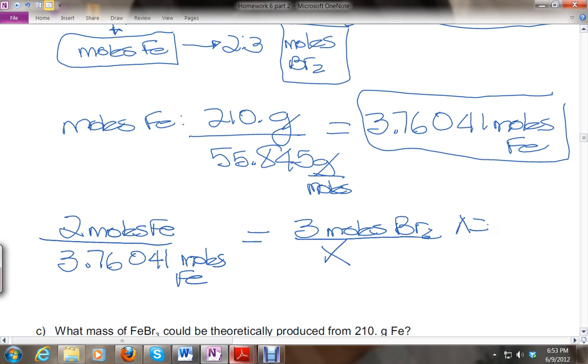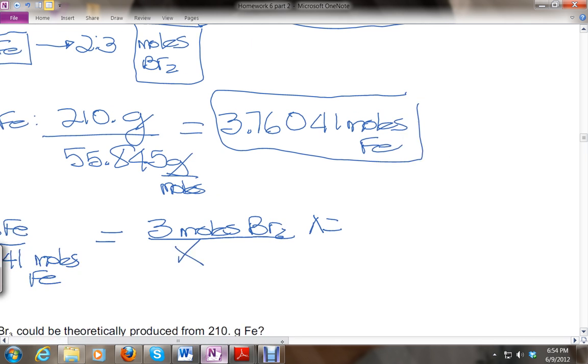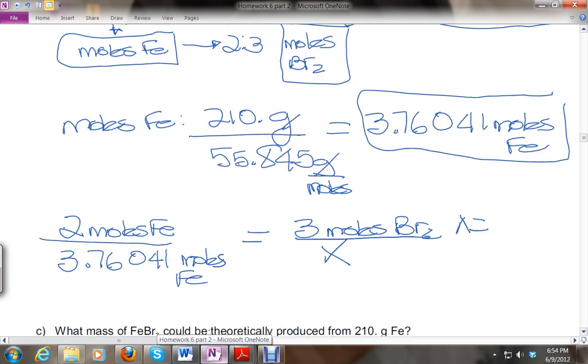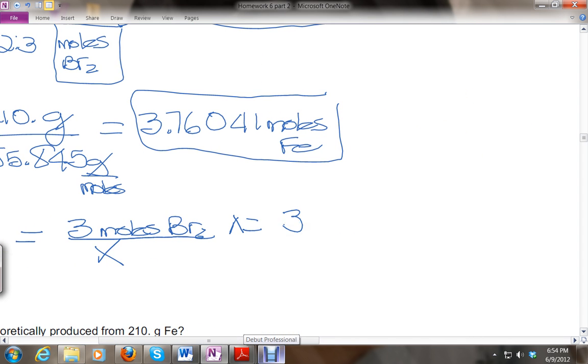So x would be 3 times 3.7601 moles, divided by 2, where we cancel out moles of iron with moles of iron.